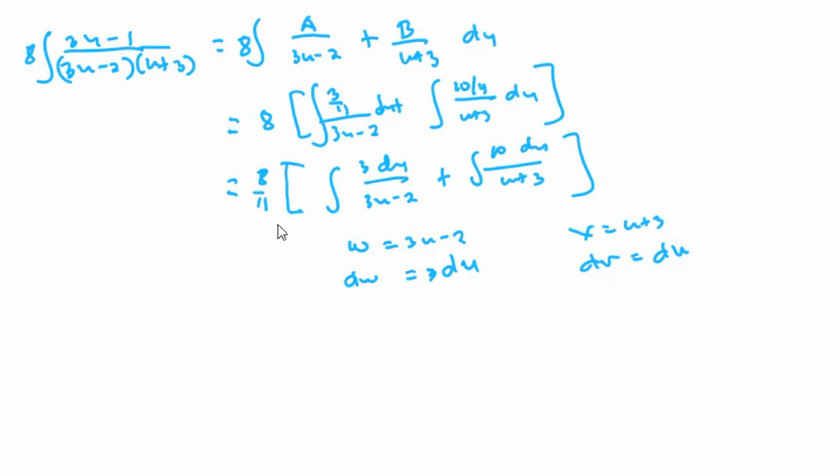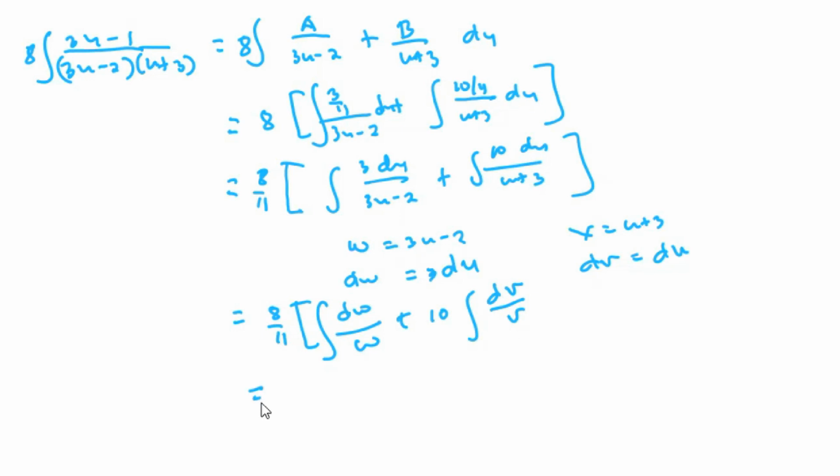Rewriting in terms of w, dw, v and dv, we have 8 over 11 times the integral of dw over w, plus 10 times the integral of dv over v.